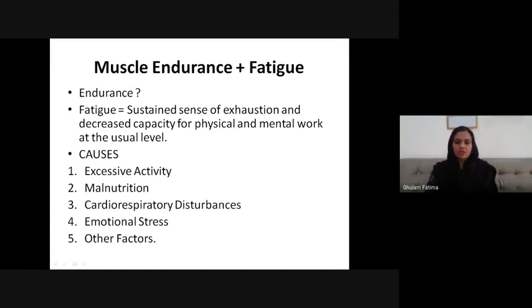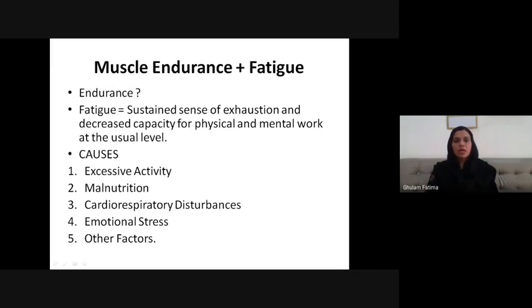So it is very common in neurological patients that physical and mental fatigue is the main issue, especially patients with multiple sclerosis, patients with sensory ataxias and with certain sensory losses. They are unable to perform activity on a sustained basis. So fatigue is the main culprit there. The causes of fatigue can be excessive activity, which can be a main cause.